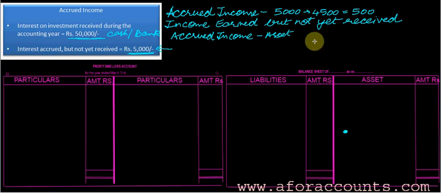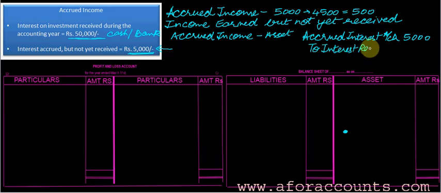Accrued interest account debit by 5,000 to interest received account 5,000.